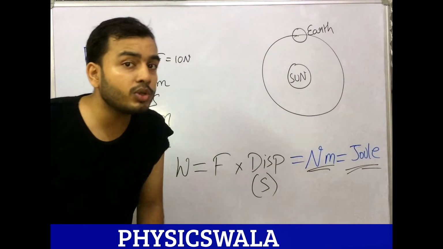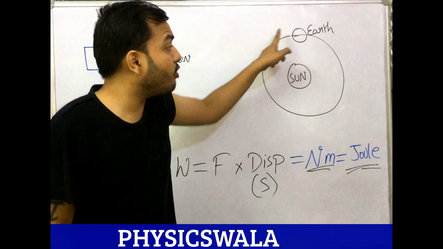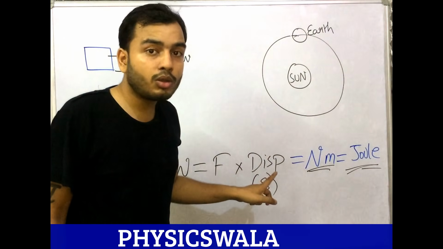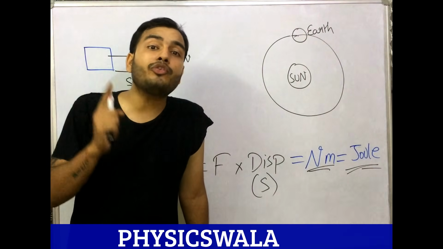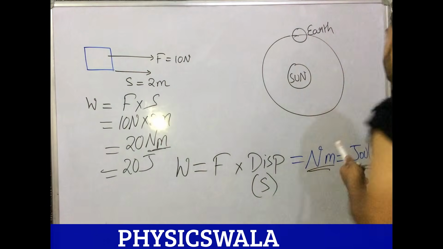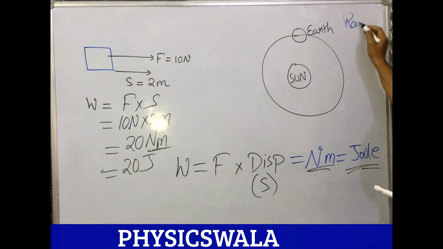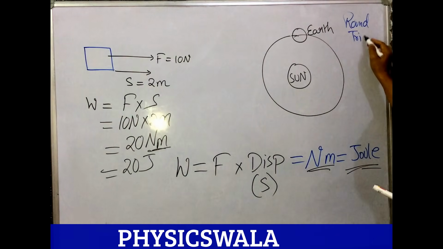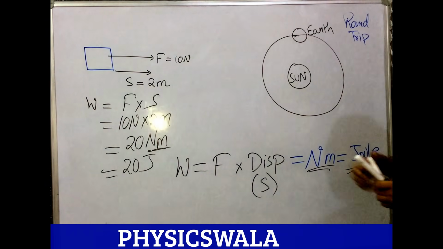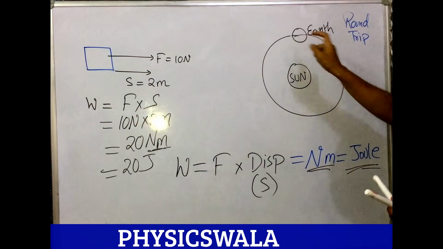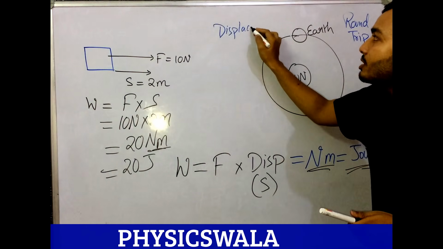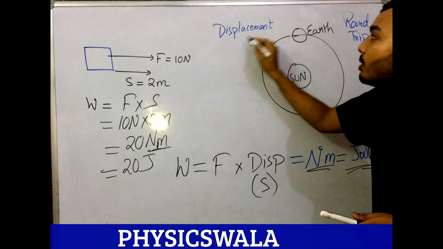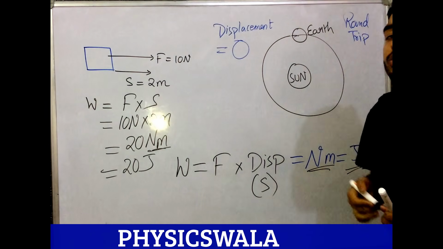What is the second question? When earth revolves around the sun, what is the work done? In a round trip. The earth leaves its position and returns back. So you see, in a round trip, what is the displacement? The displacement in a round trip is 0.